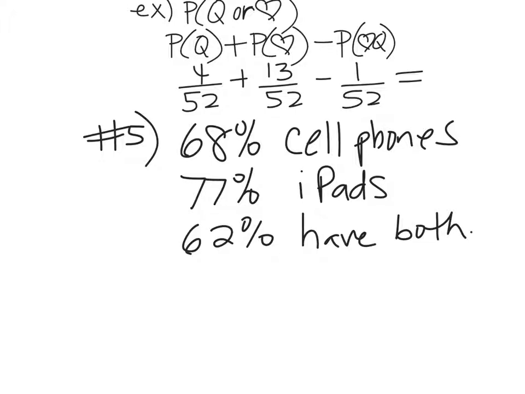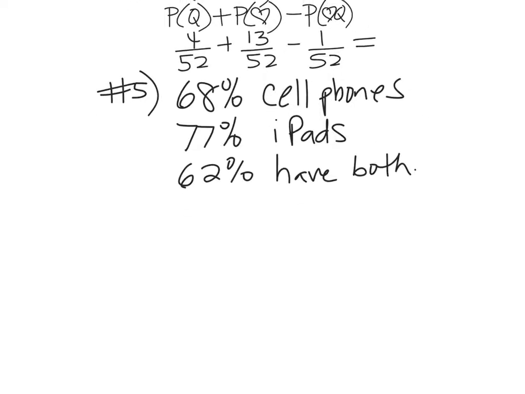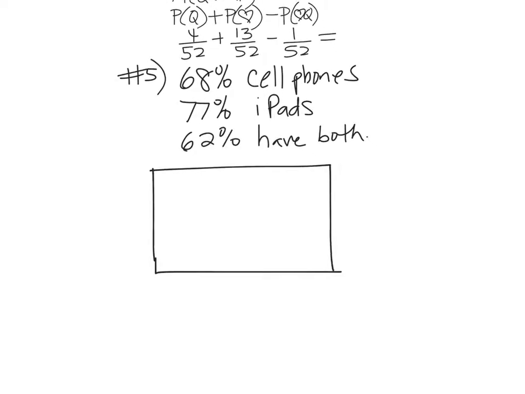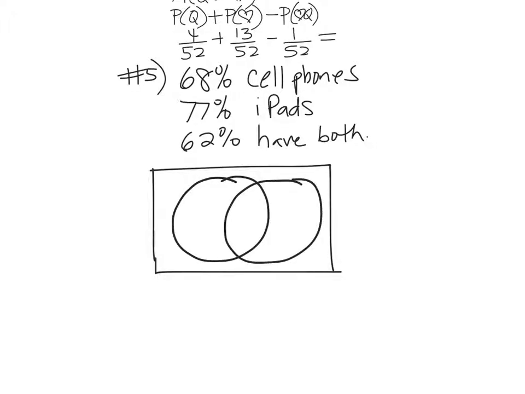Okay. What's the probability that a student has a cell phone or an iPod? And then what's the probability that a student has a cell phone or an iPod, but not both? What we're going to do is make up a Venn diagram again. You're going to love Venn diagrams, or not, but they're very helpful. I want to show you on the Venn diagram how it works, too. All right, here's your circle, here's your circle. I made them bigger this time.